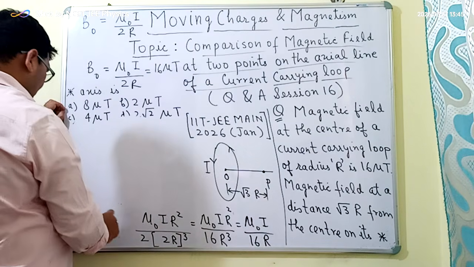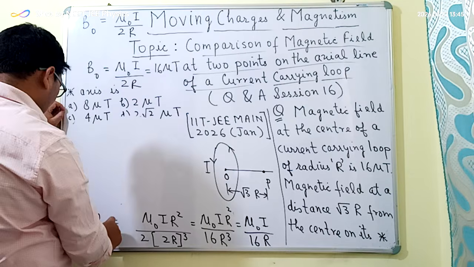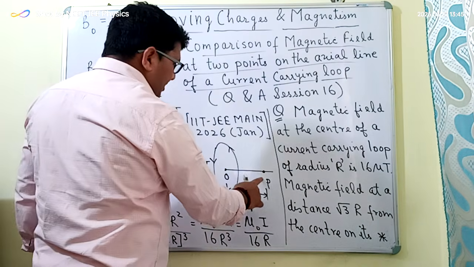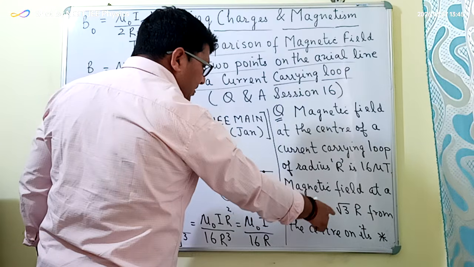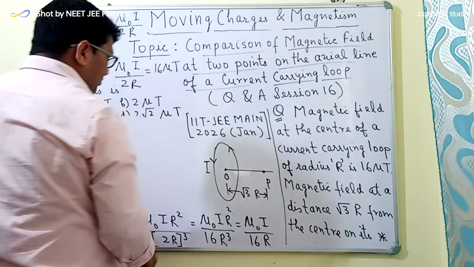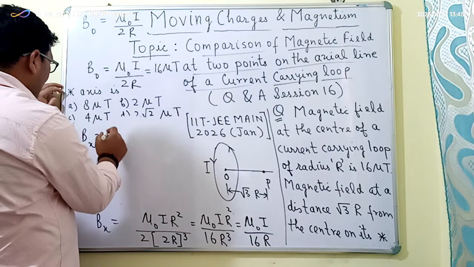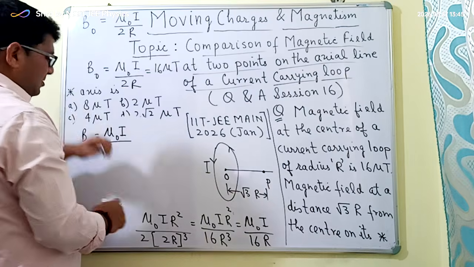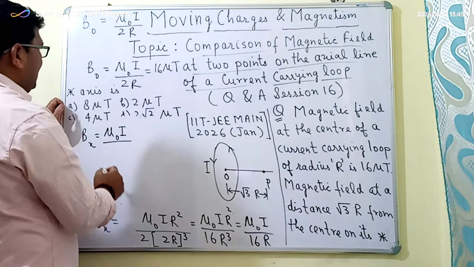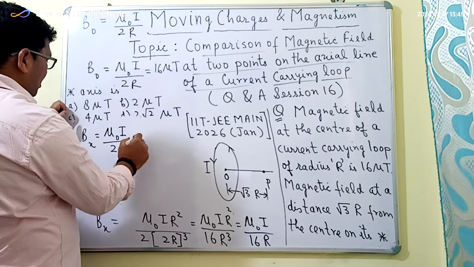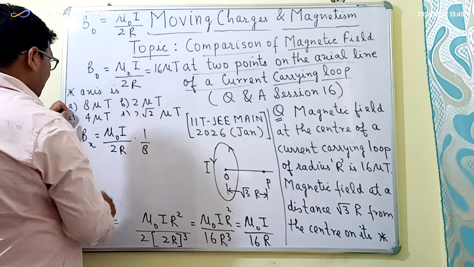So Bx, the magnetic field at this point P, which is at a distance root 3r from the center on the axial line, is equal to mu naught I upon 16r, which can be written as mu naught I upon 2r into 1 by 8.